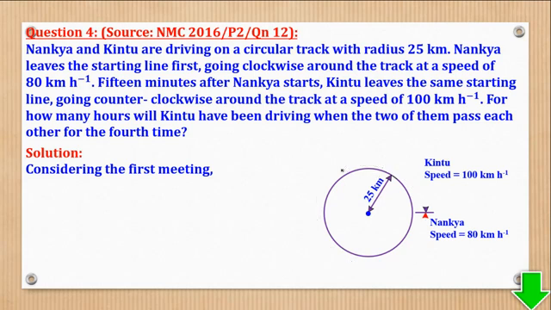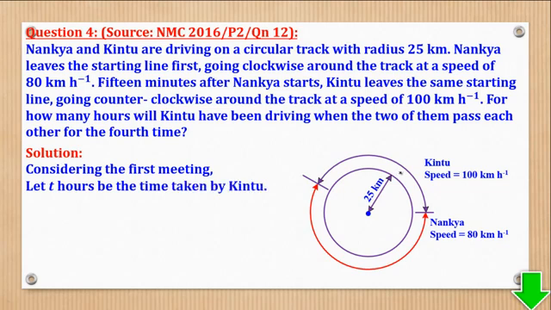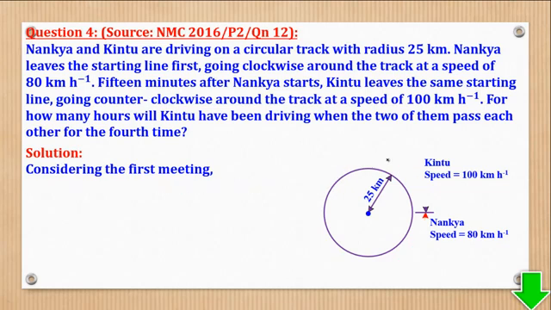So let's analyze this. I want you to look at this motion. Nancha is going to start, and after some time, Chintu will also start. So notice this. When Nancha reached somewhere here, this one also began. Let me repeat it for you to analyze it. So they are going to begin, go. Okay, so they reach at this point.